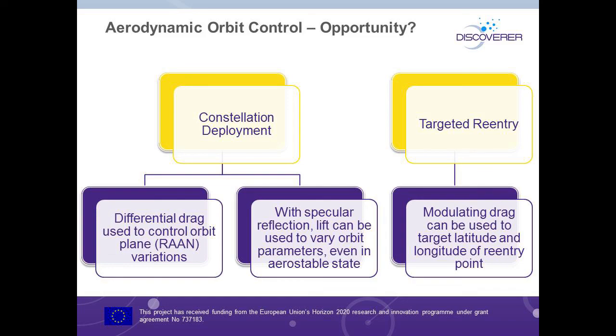But if you've got a large Earth observation satellite and you're worried about bits of it surviving re-entry, if you can modulate the drag on the way down, you can deliberately target a specific point in the ocean, which therefore is really helpful. And that's targeting both latitude and longitude, if you give it sufficient time in advance. So this is perhaps something we'll see on larger VLEO platforms as a possibility.